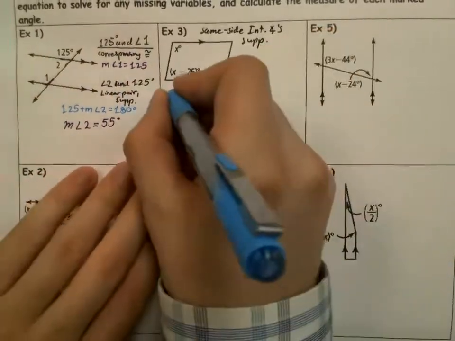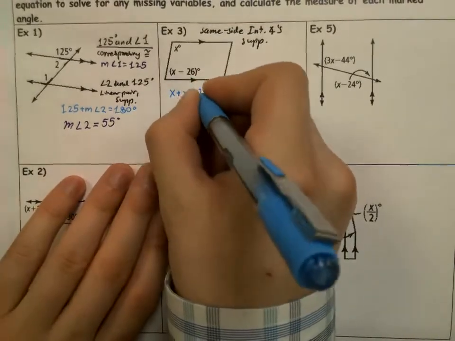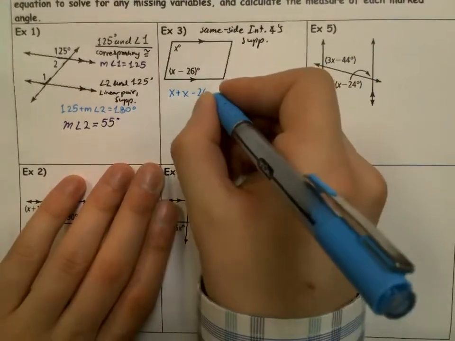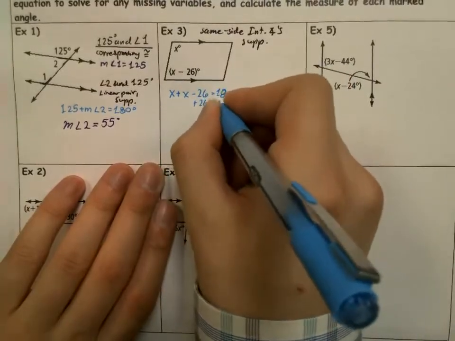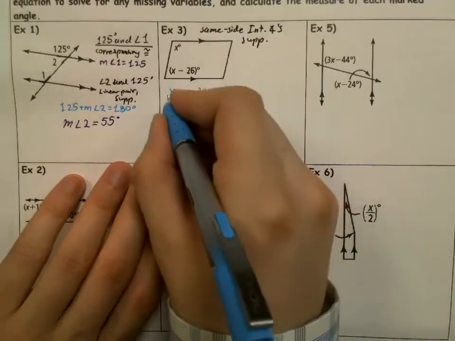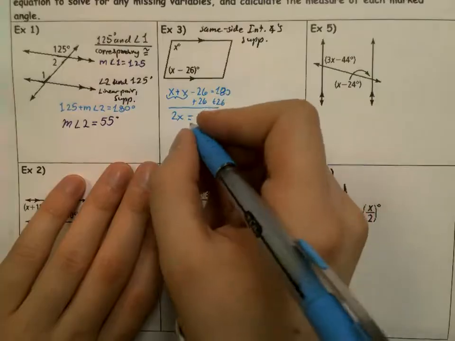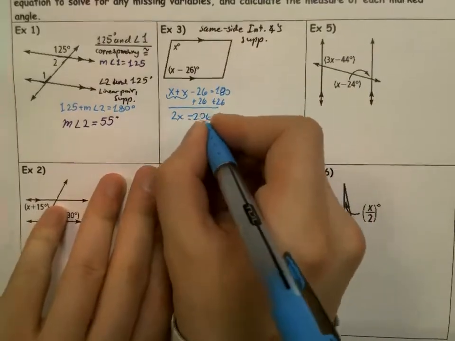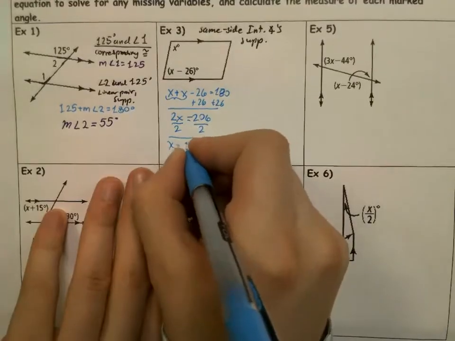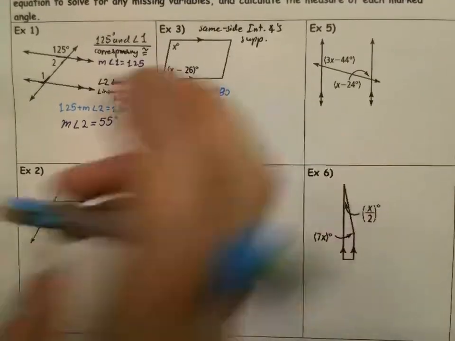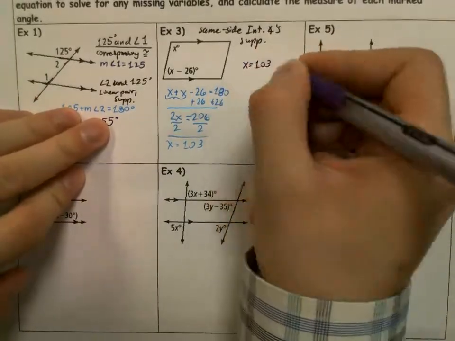So I can say x plus x minus 26 equals 180. Add 26 to both sides. Add these x's together. I get 2x equals 206. Divide by 2. And I get x equals 103. So my answer for x is 103.